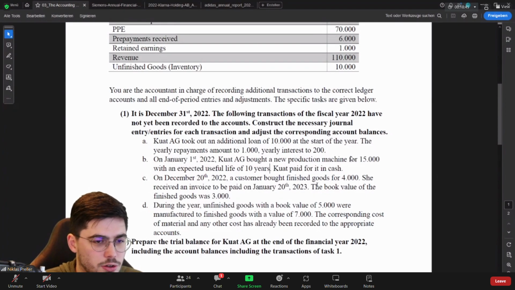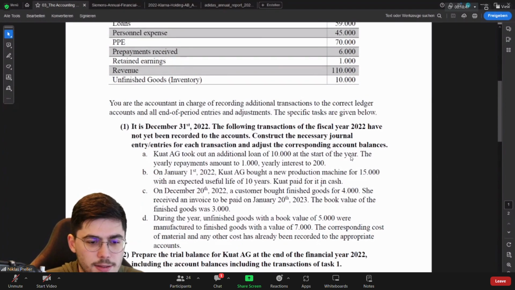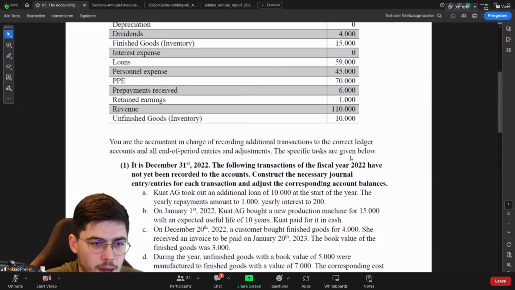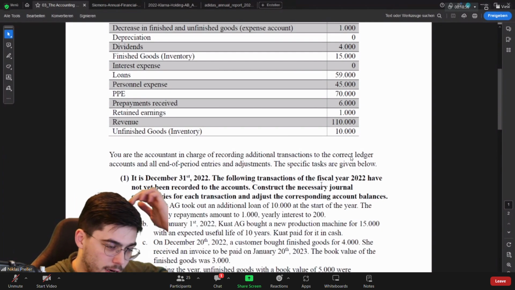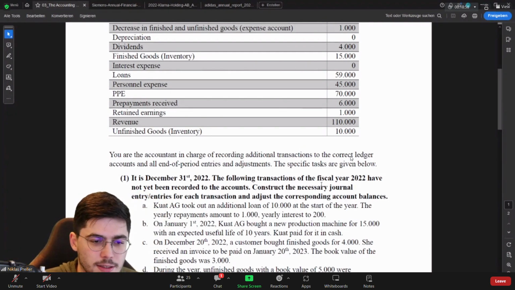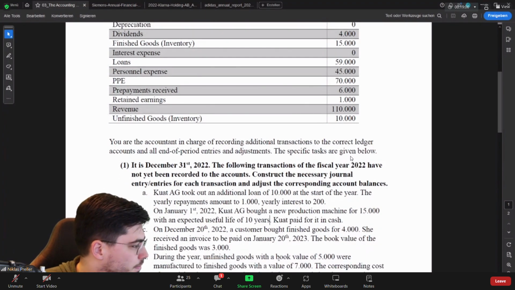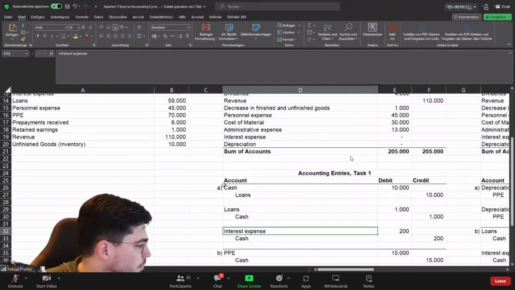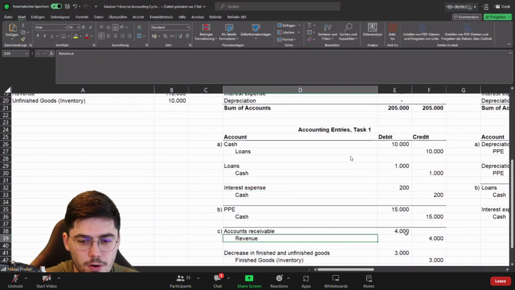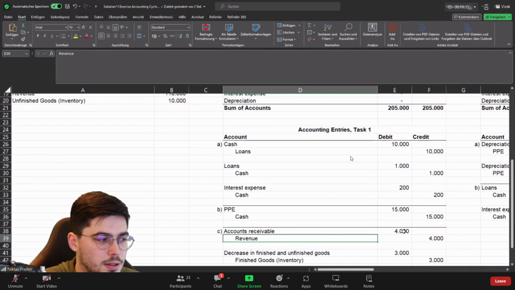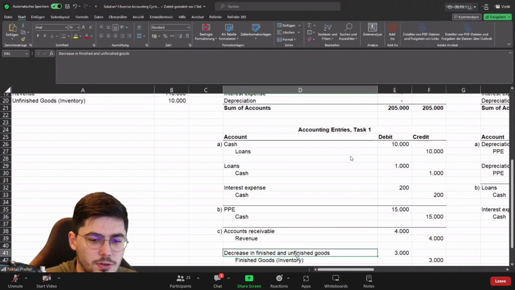The first one, we have the other way around. Revenue is a credit account, and we have to credit that to raise it. So we have accounts receivable to revenue for 4,000 for the amount the customer paid. And then we have a decrease in finished and unfinished goods to finished goods inventory, 3,000.